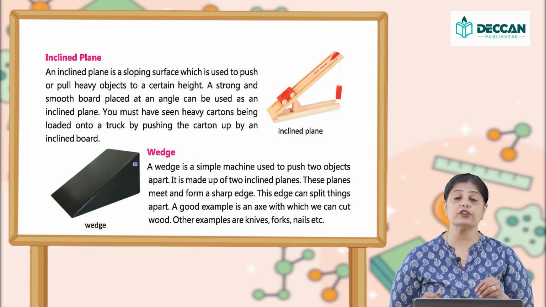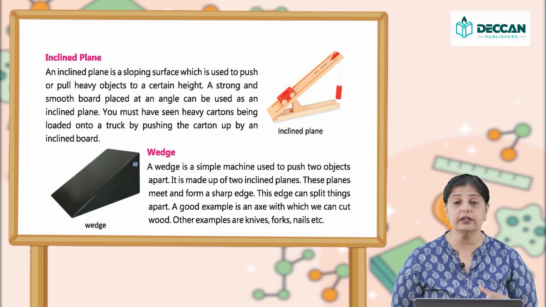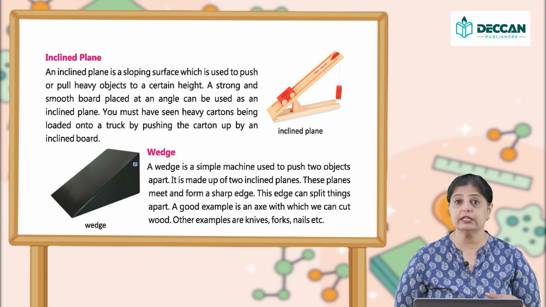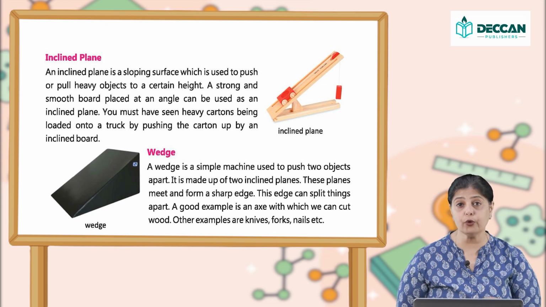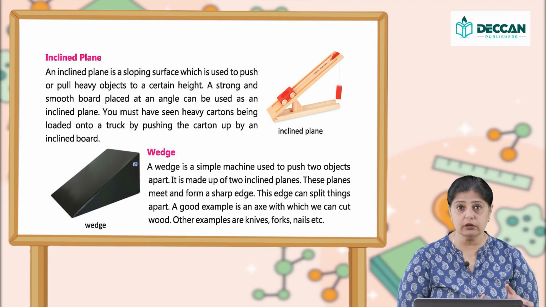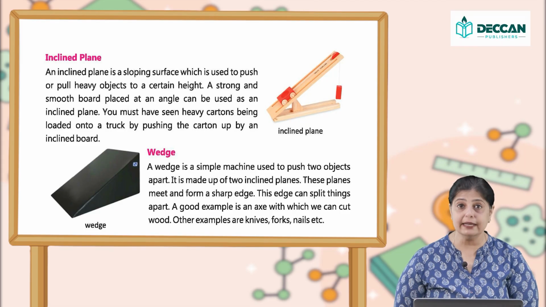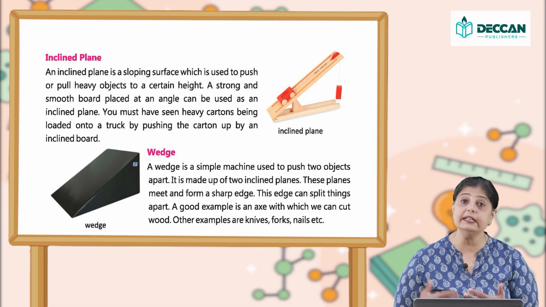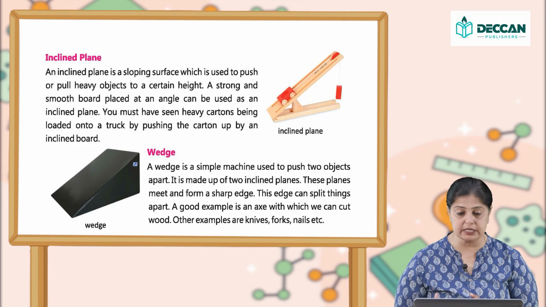In hospitals, they generally make the patient sit in a wheelchair and pull the patient up the ramp, to take them inside the hospital or bring them outside. This ramp is an inclined plane. It's a sloping surface.